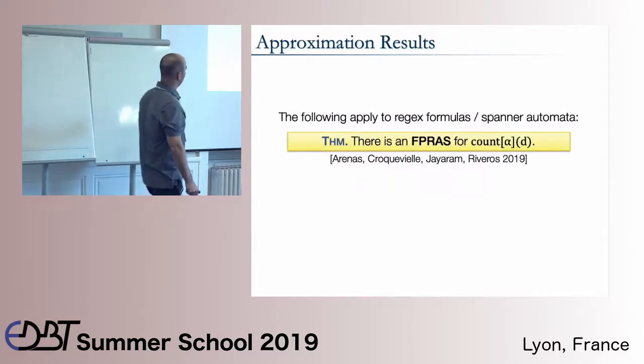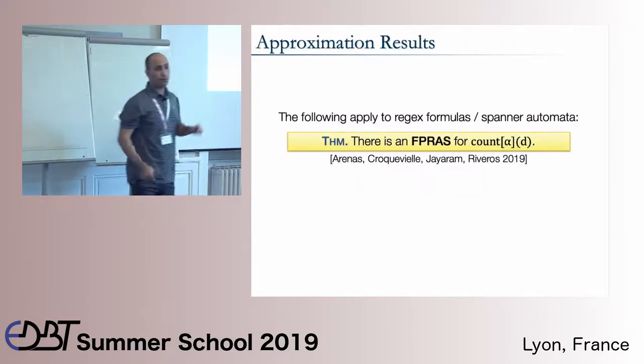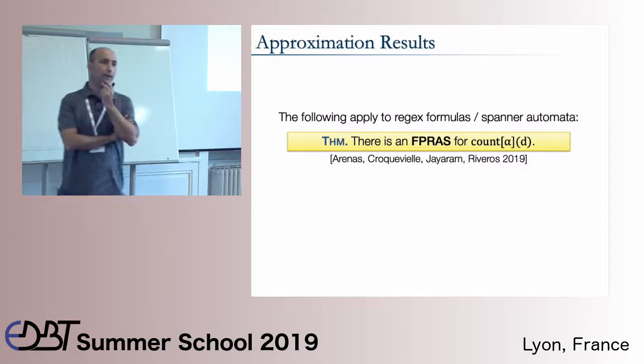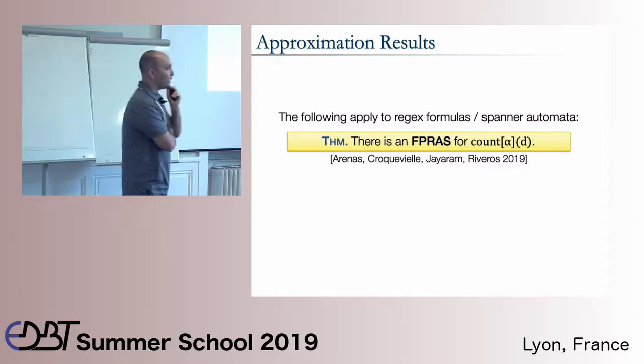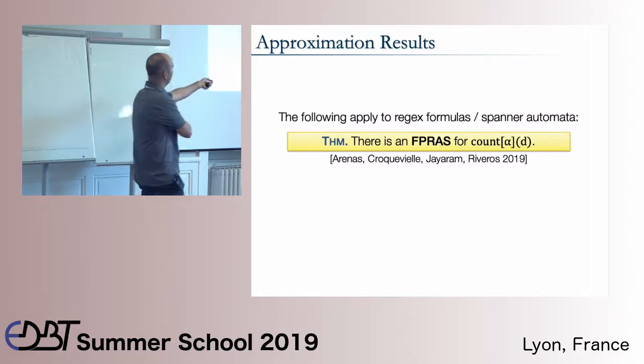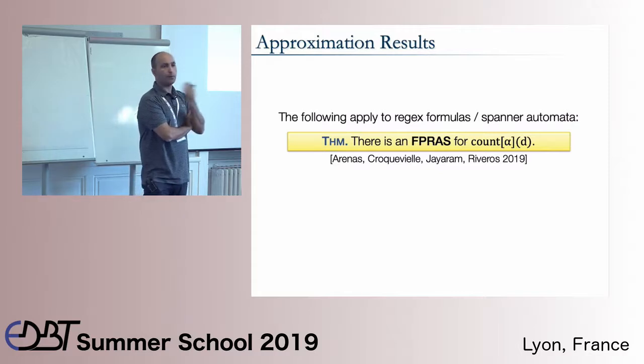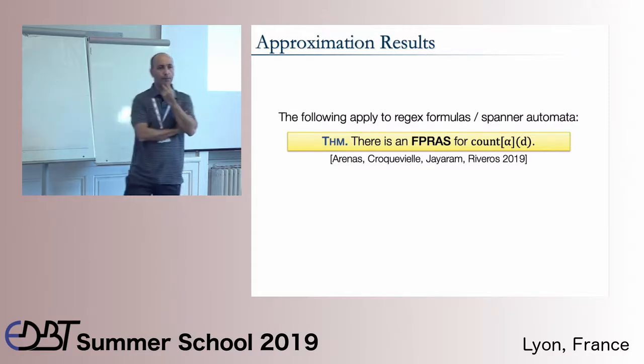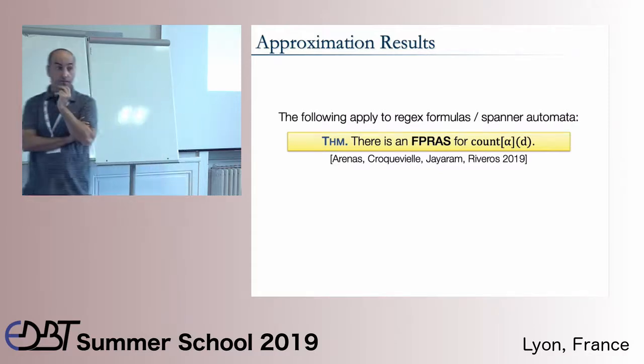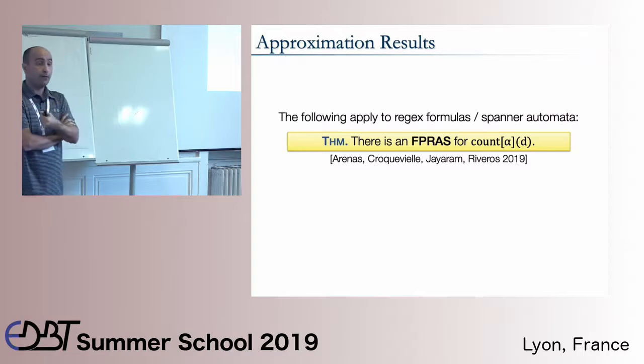And what Arenas et al. have shown, which was part of the best paper of PODS 2019, last PODS, is that the count problem for spanners, or regex formulas, spanner automata, has an FPRAS. Okay, you can have an approximation for count with all of the goodness of an FPRAS.